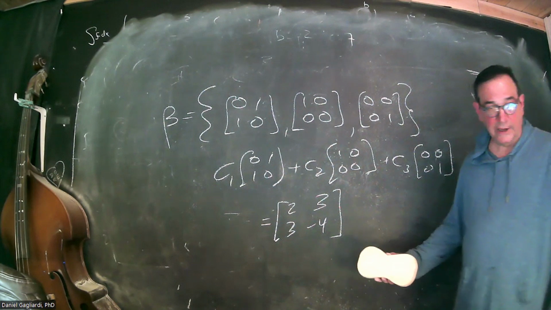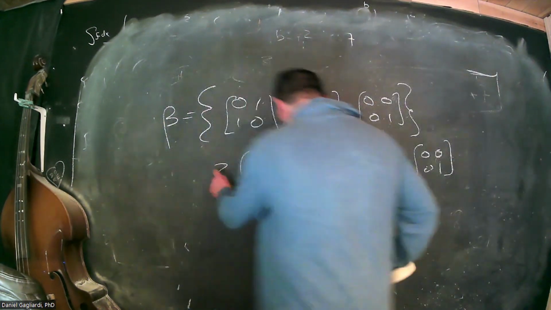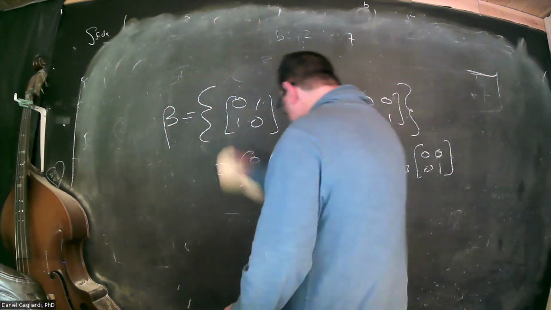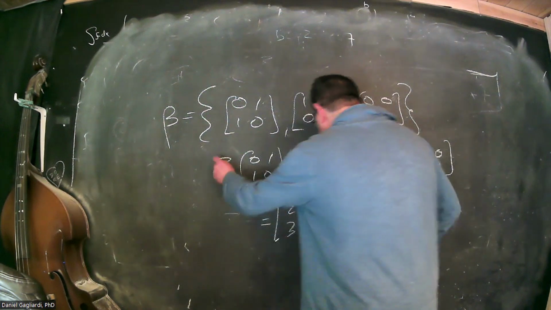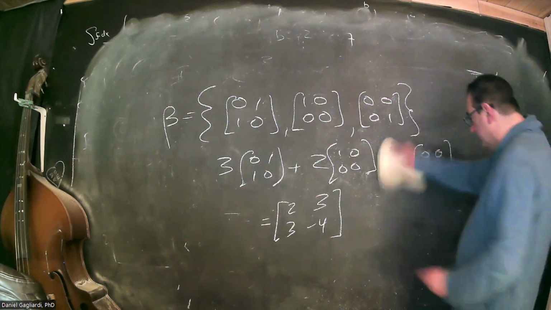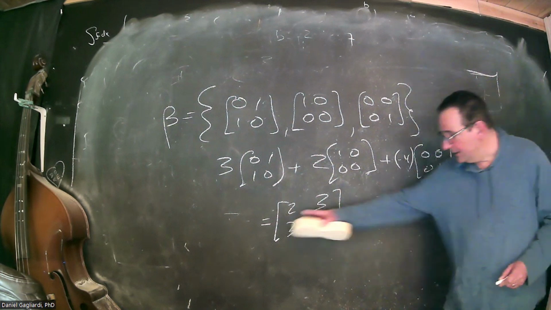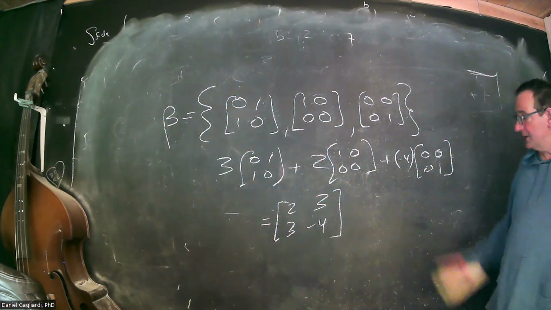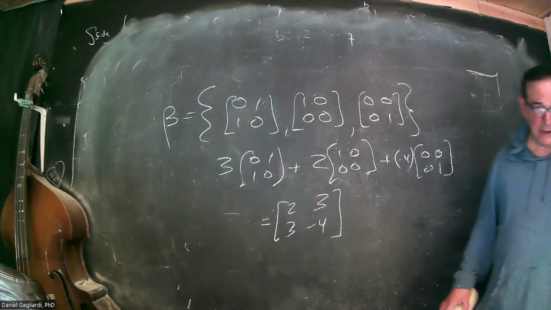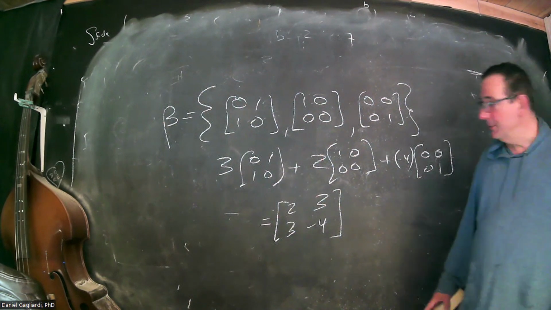C1 is equal to 3, C2 is equal to 2, and C3 is equal to negative 4. We see that we can get this symmetric matrix as a linear combination of these three vectors. So this is a nice basis for the space of symmetric matrices.